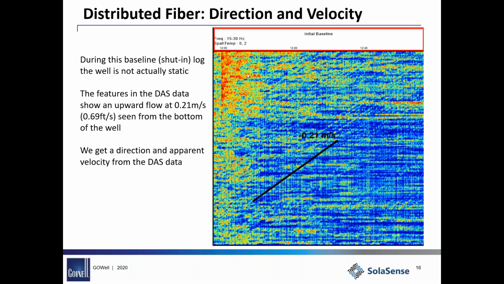And while we might detect some sort of activity on a conventional log, this is a clear indication of direction and velocity over the period of the survey in this particular case.